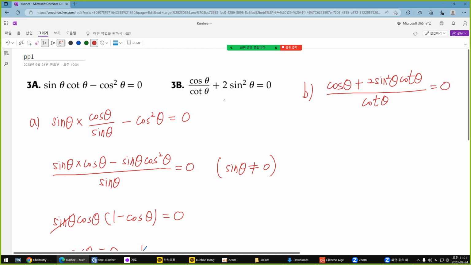So once again, the cotangent theta cannot be 0. The denominator cannot be 0.